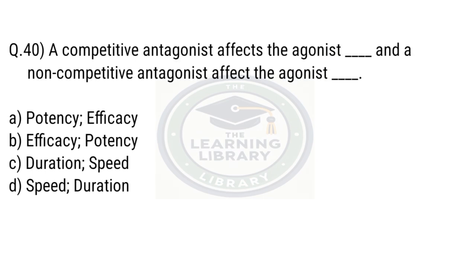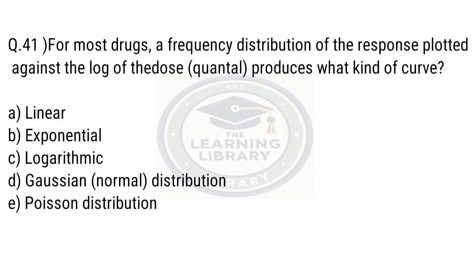Question number 40. A competitive antagonist affects the agonist and a non-competitive antagonist affects the agonist. The right answer is option A, potency, efficacy. Question number 41. For most drugs, a frequency distribution of the response plotted against the log of the dose produces what kind of curve? The right answer is option E, Poisson distribution.